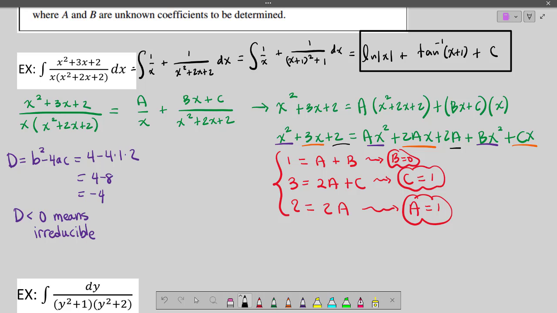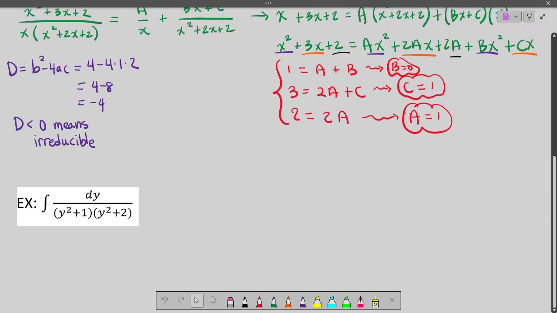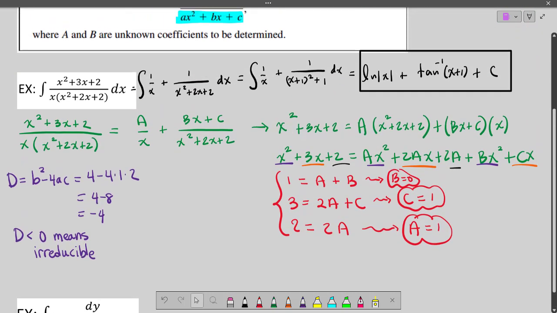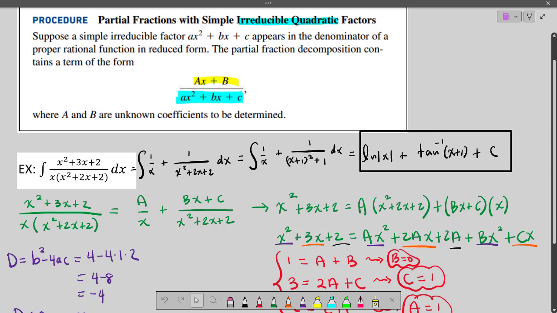Okay. Now here's a miserable case. Oh, before we do that miserable case, let's just talk about another possible miserable case. If this quadratic, irreducible factor were then repeated, you would have to have a partial fraction for each power of that irreducible quadratic.